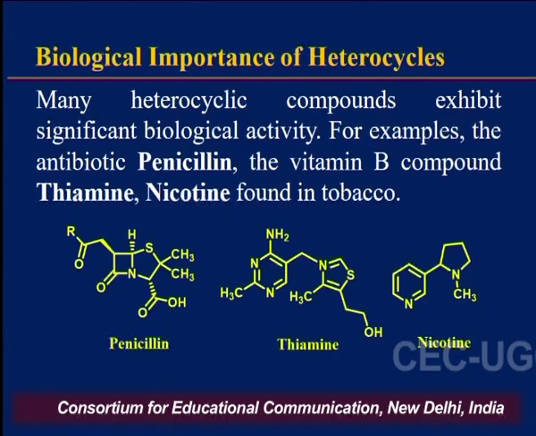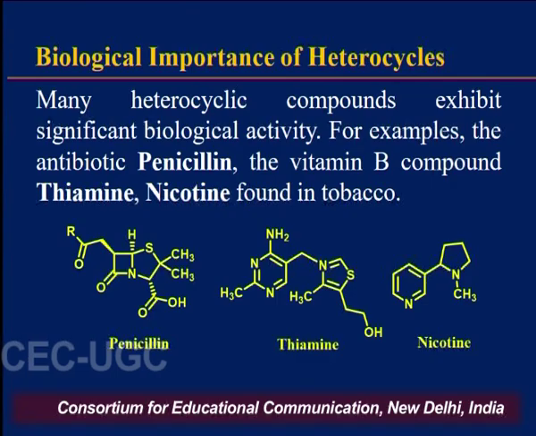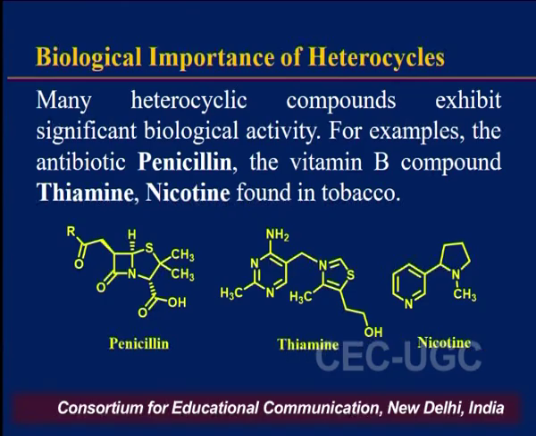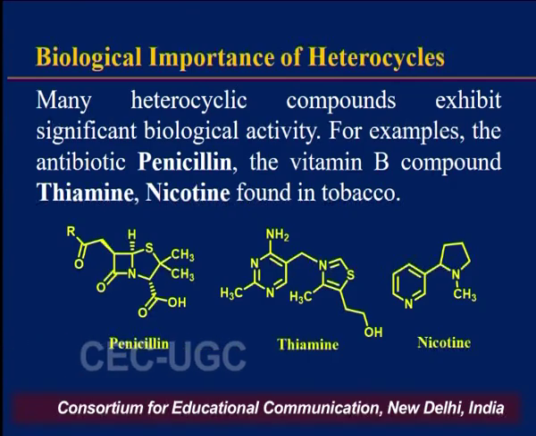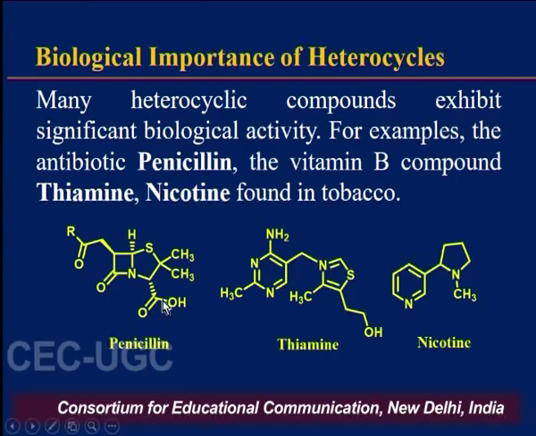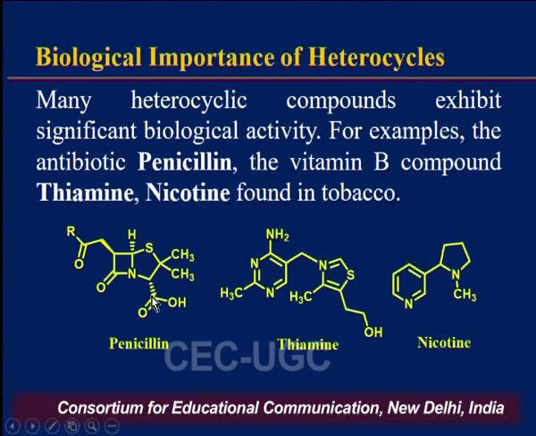As we know, penicillin is a famous antibiotic medicine which is again a heterocyclic compound. Penicillin is made of 2 heterocyclic rings. One is a 4-member ring and another is a 5-member ring, and they have nitrogen and sulfur as the heteroatoms.